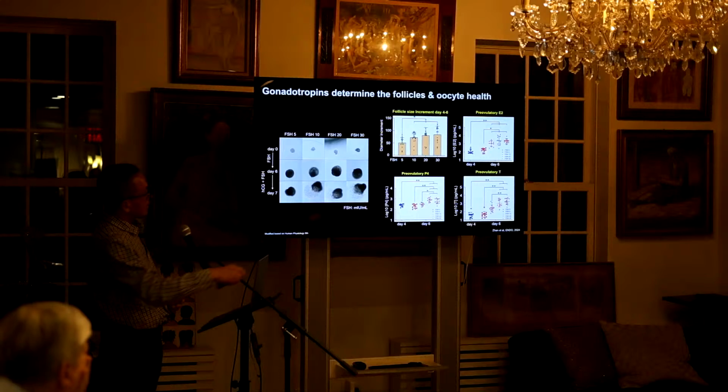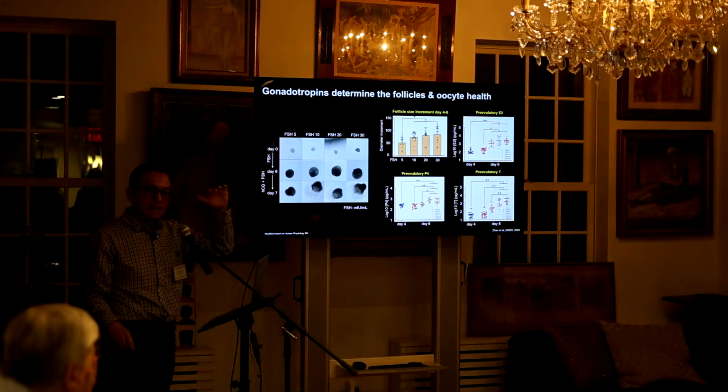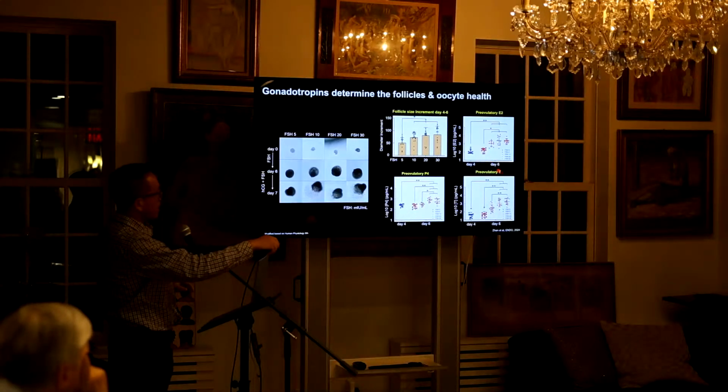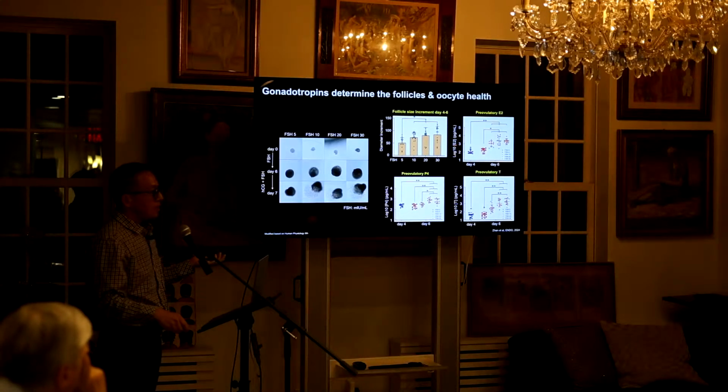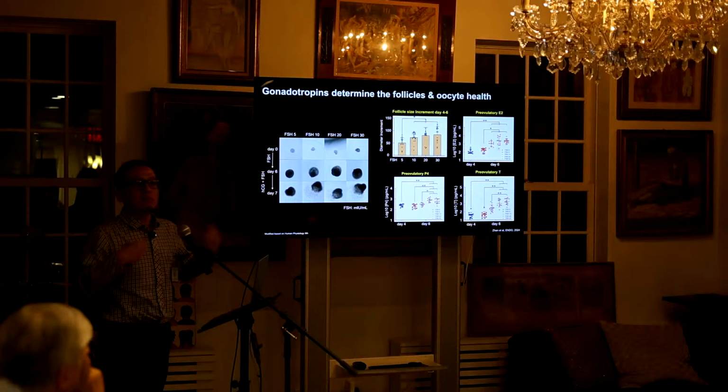So we gave them 10, 20, and 30. 10 is a mild level, not very strong, and 20 and 30 we consider excessive levels. You can see the size didn't increase a lot, but from 10 to 20, they actually produce a lot more estradiol.